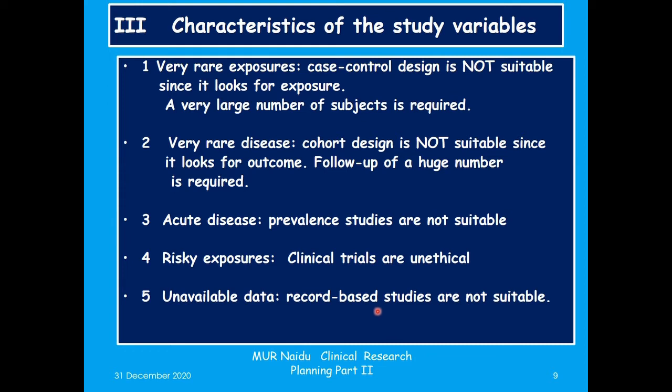You don't have any retrospective data, so it is very difficult to properly design a study. So characterization of your variables is also very important to help you in designing which type of study you want to do for your clinical research.